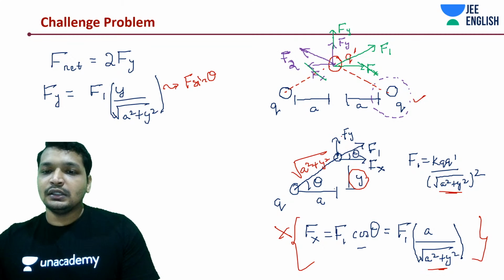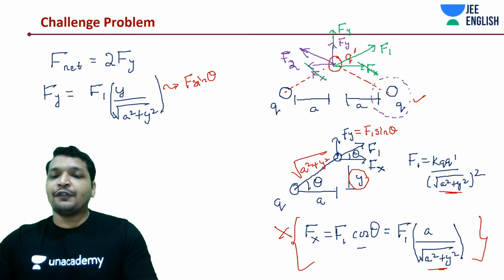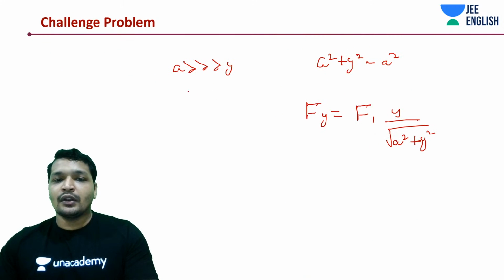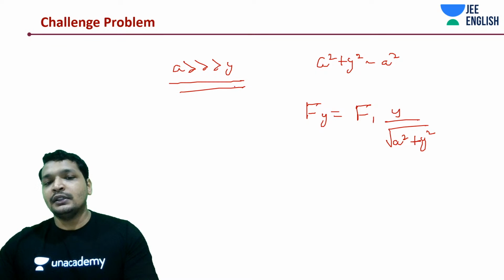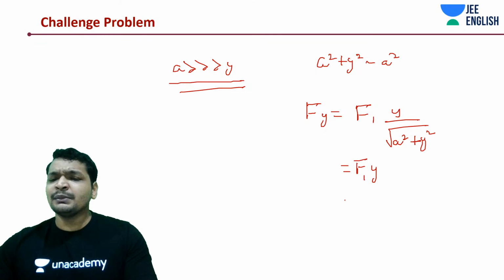This is theta. This is f1 sine theta, and sine theta is going to be y divided by under root a square plus y square. Since a is greater than y, you can write this as f1 into y. Similarly, what is f1?